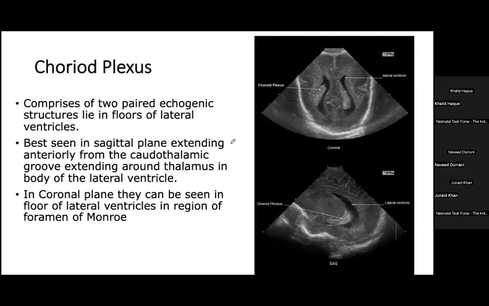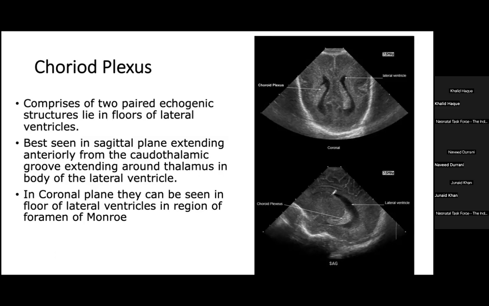Choroid plexus is another important landmark to identify. It comprises two echogenic structures which lie in the floor of the lateral ventricle. These are the two choroid plexus, and if you see, these are echogenic, more bright as compared to others, and they are best seen in the sagittal plane, extended from here.